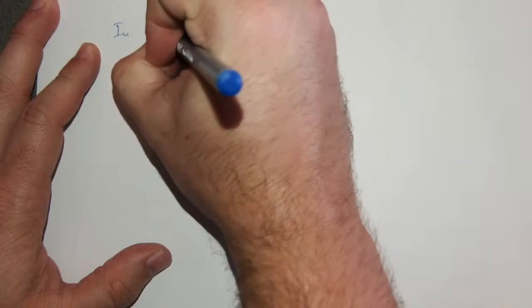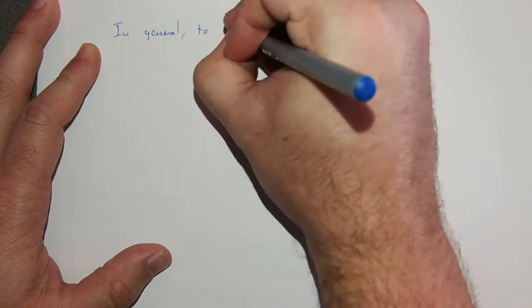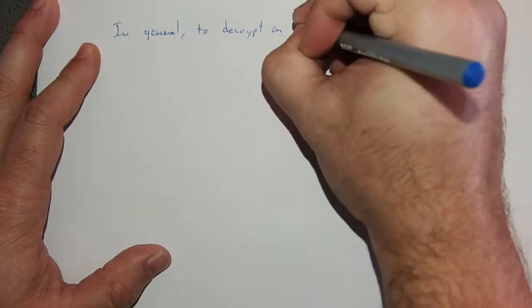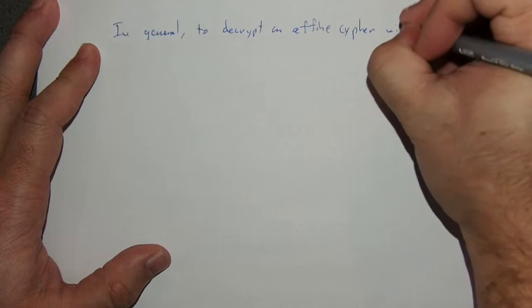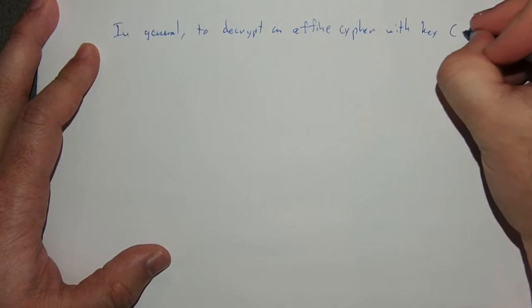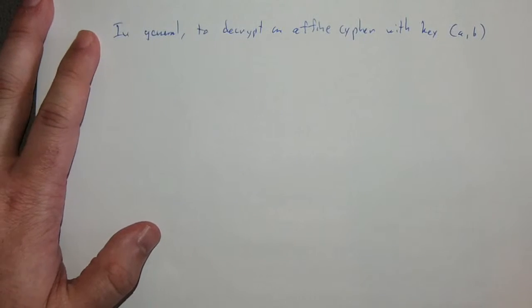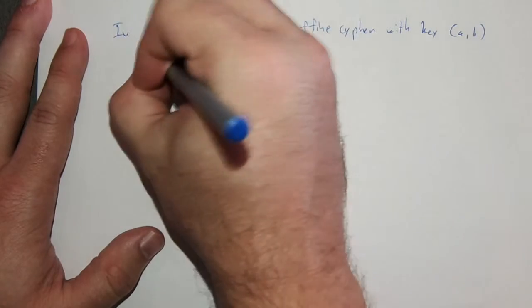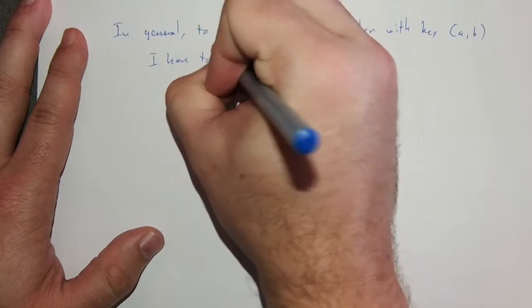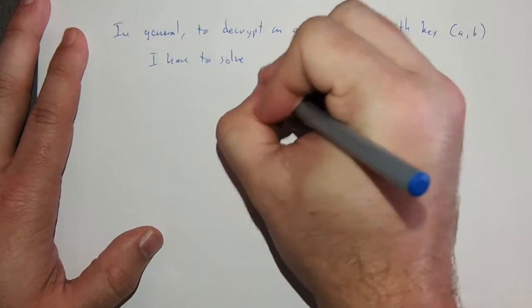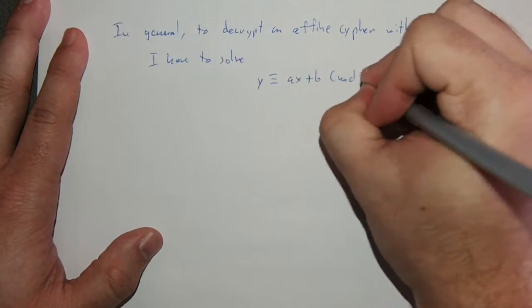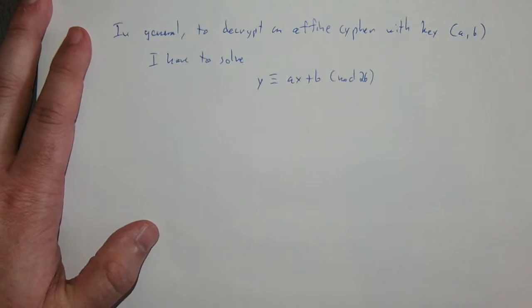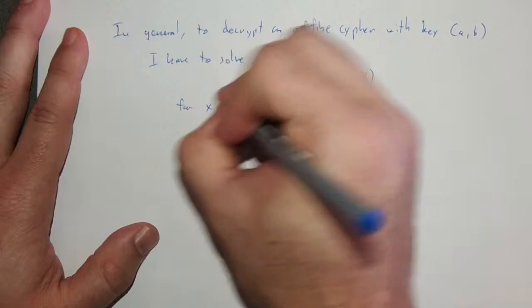So then, in general, to decrypt an affine cipher with my key (a, b), I have to solve the congruence y is congruent to ax plus b mod 26 for x in terms of y.